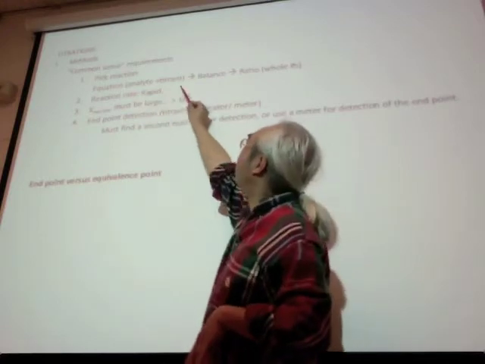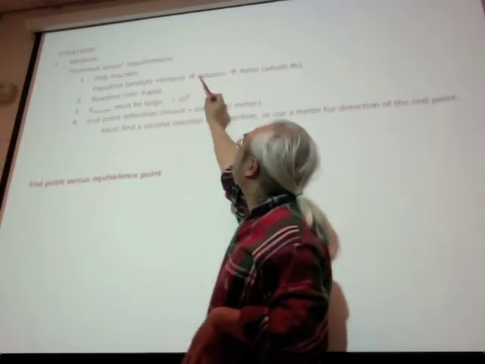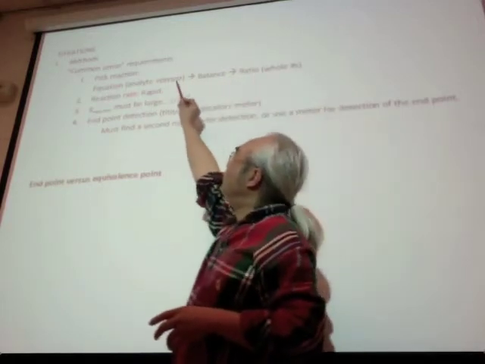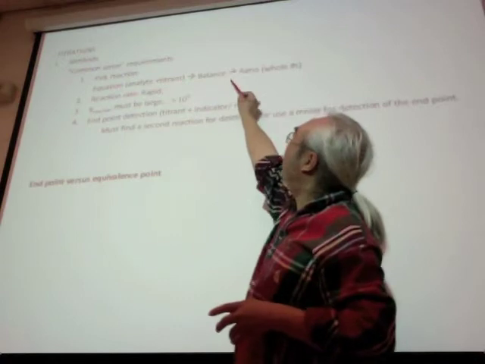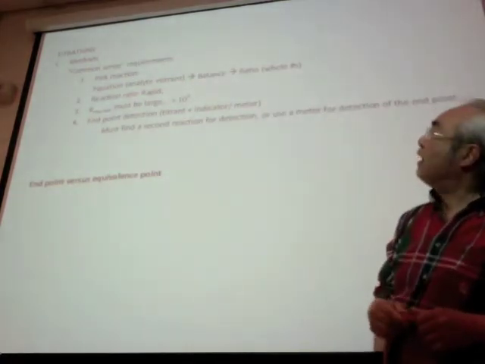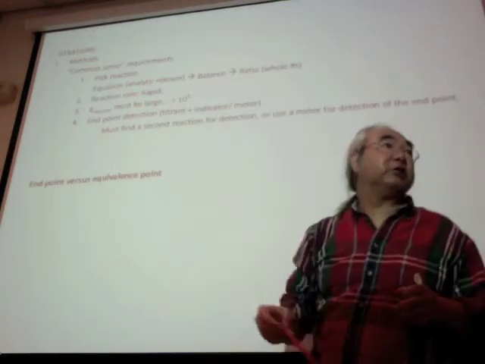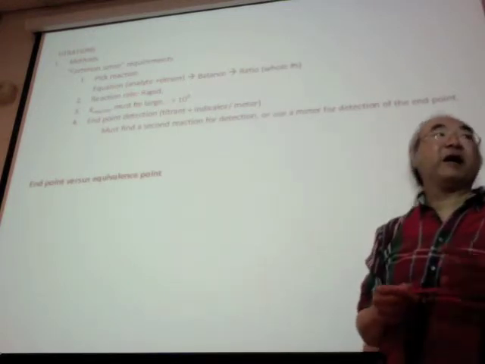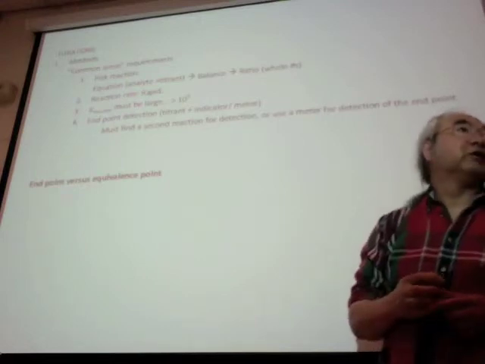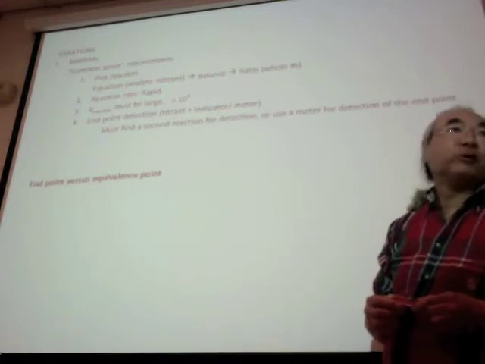So that's common sense, right? Once you balance the equation, the ratio will be whole numbers. So be sure you pick an equation that allows you to do all these. Some equations have variable ratios, depending on acidity and all that. Those are not good reactions. You want to have a fixed one.